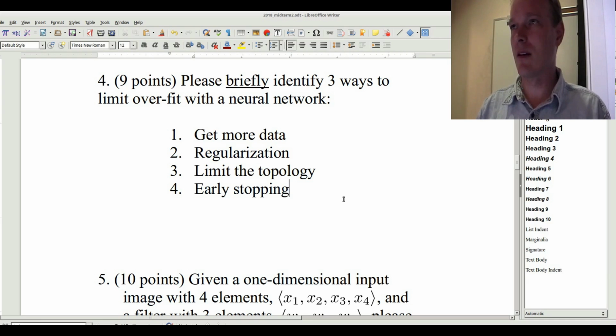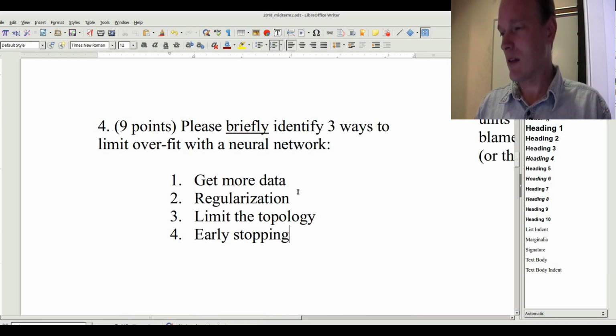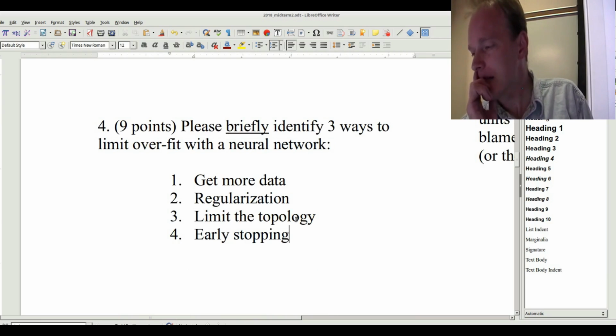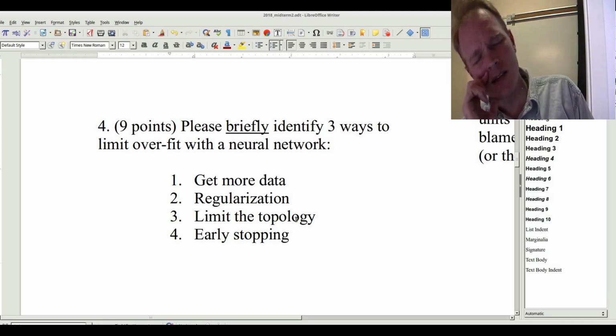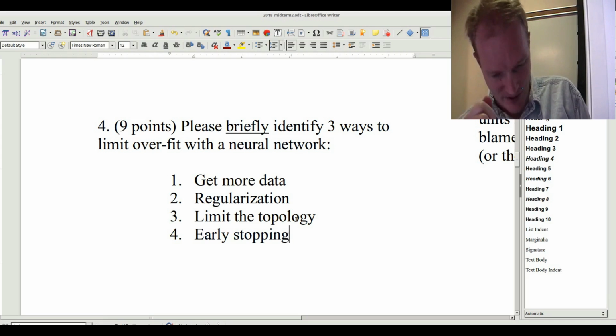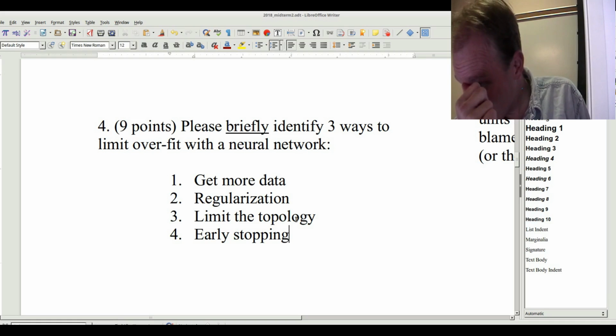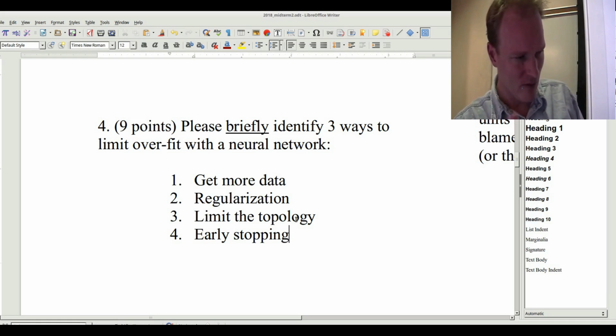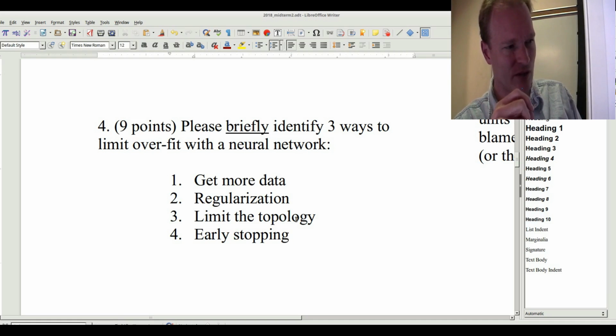Yeah. What was that? Shuffle the training data. Got to think about that one for a second. You're right. You should shuffle the training data. Does that prevent overfit? If you don't shuffle the training data, you'll overfit to some of the patterns in the training data, which I guess is overfit. And the more I think about it, I think somebody put that on the test, and I didn't give credit for that.